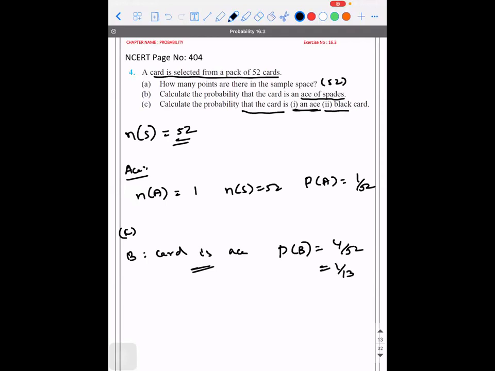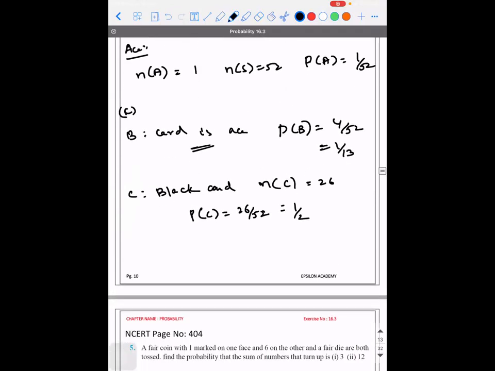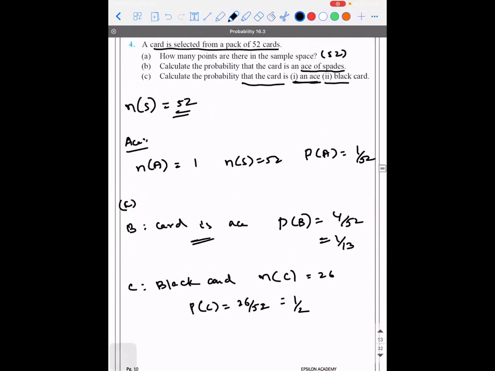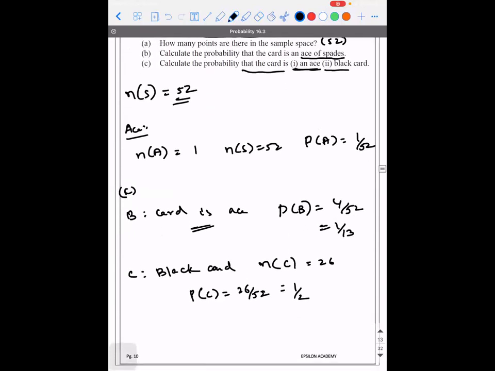That is 1 by 13. What is the probability that it is a black card? Number of elements in C is 26. So probability of C is 26 out of 52, which is 1 by 2. That's right. That's it, no? Anything else? Yeah. So there is also a simple one.